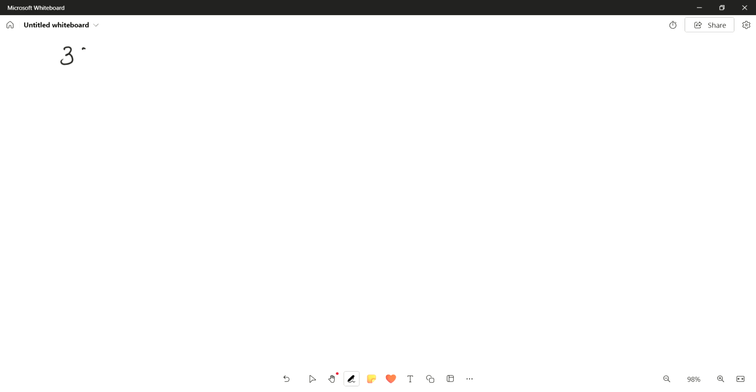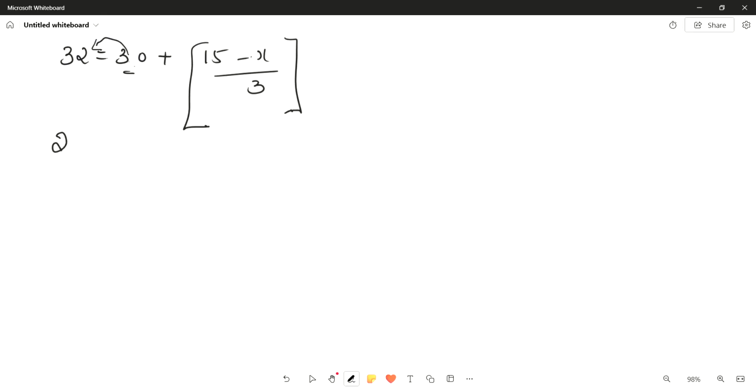So 32 is equal to 30 plus 15 minus x by 3. Since see these 30 plus something is there, so you can shift it to the other side. It will not become division, it will become subtraction, because 30 plus something is there, right? 32 minus 30, it will be 2.